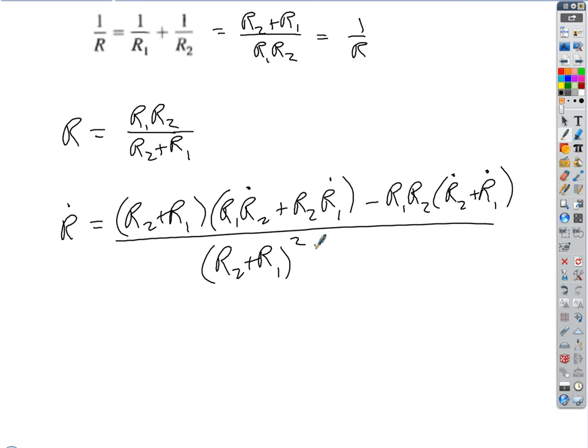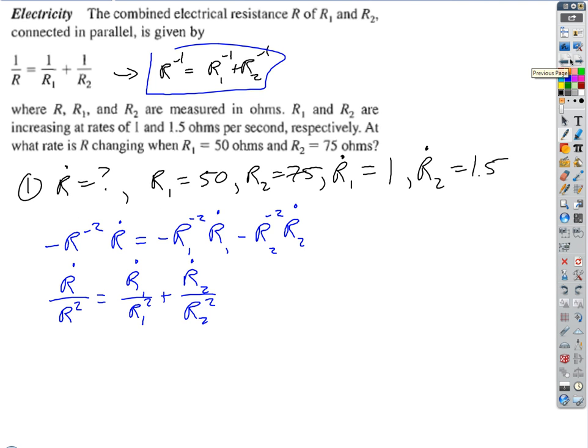I don't know if it's worth doing by the same logic, if you go to the previous page. On the previous page, with the negative r to the negative second and all that jumbled stuff, we can just plug that into our calculator. You could, yeah.